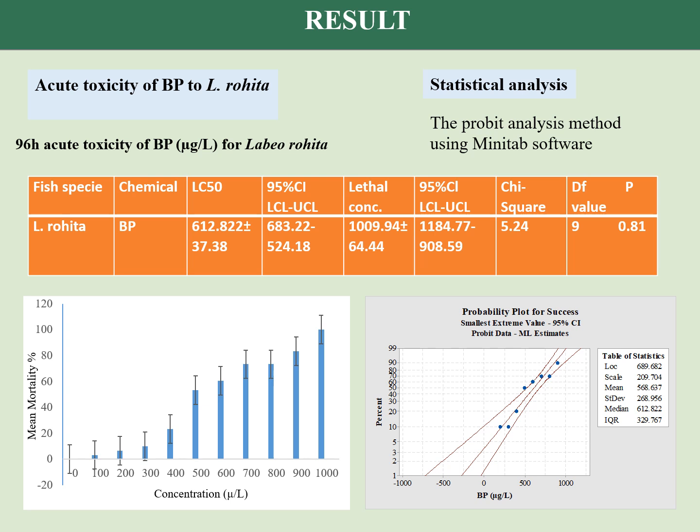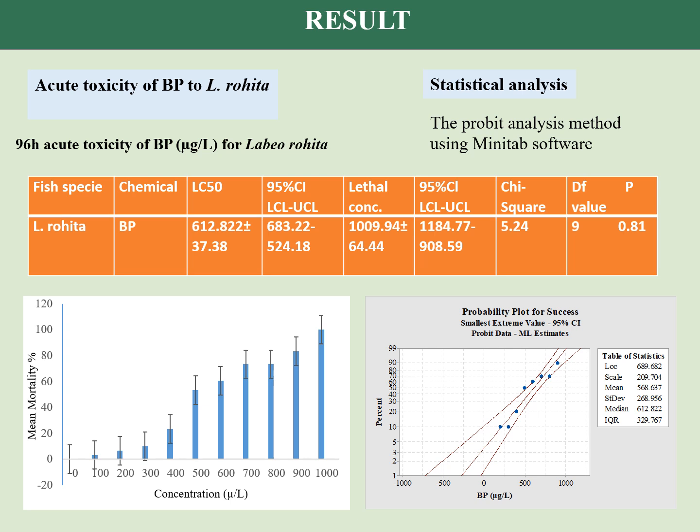In the acute toxicity of the benzophenone, the 96-hour LC50 and the LC99 were determined by the probit analysis method using the Minitab software. These lethal concentrations were measured along with the 95% confidence interval.